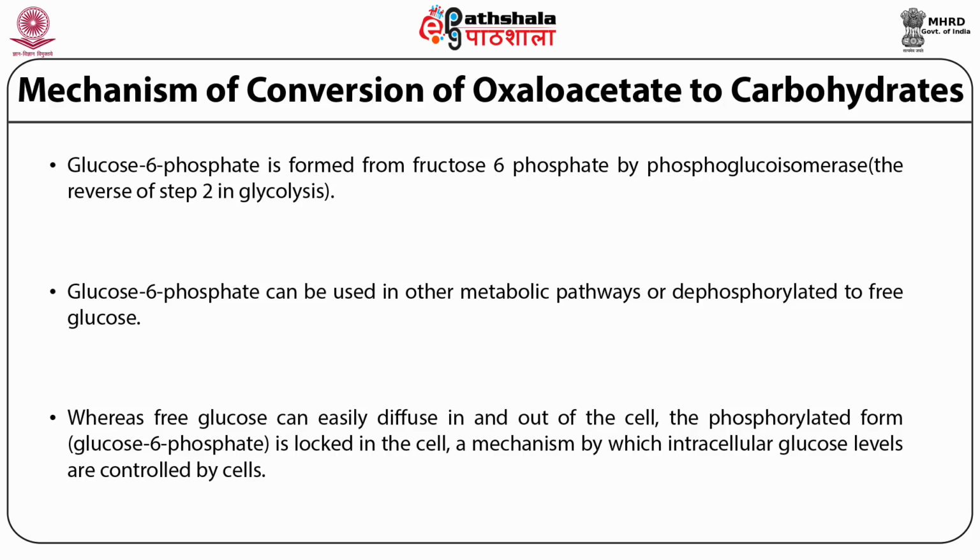The phosphorylated form of glucose, that is glucose 6-phosphate, is locked in the cell, a mechanism by which intracellular glucose levels are controlled by the cell.